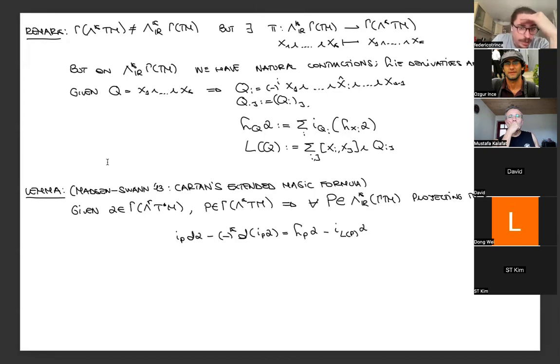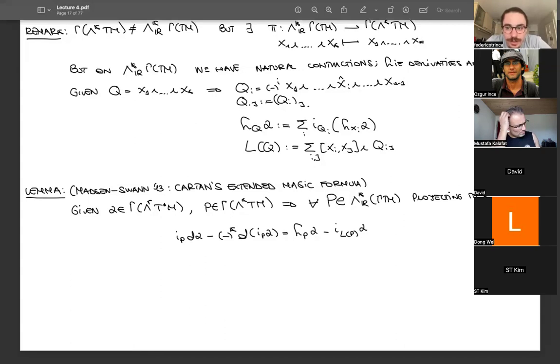So the upshot of this part of the talk is just that, as for k-forms and one vectors, I have the so-called Cartan's magic formula. I can extend Cartan's magic formula for k vectors, and the formula that you get is this one here. It doesn't really matter too much, but the point is that Madsen and Swann 10 years ago proved that there is an analogous formula for multi-k vectors.